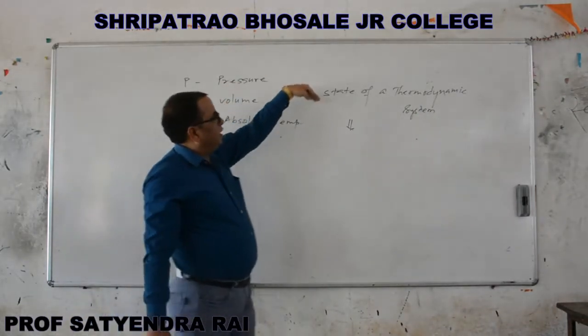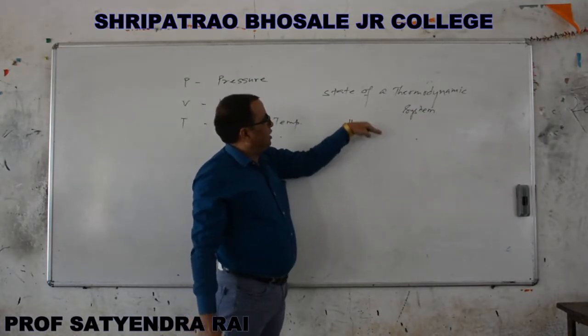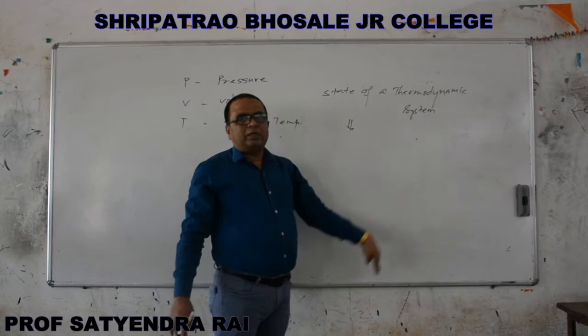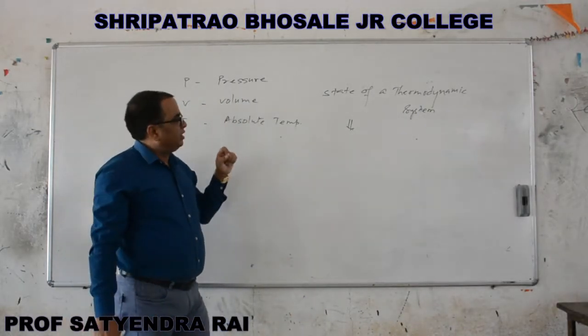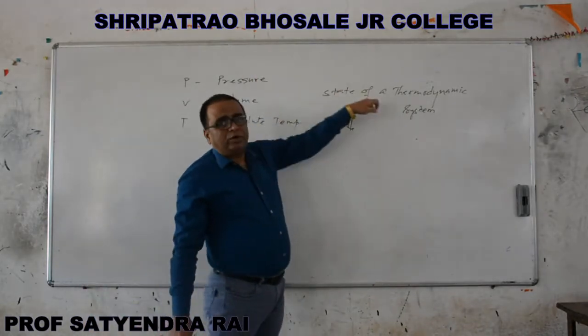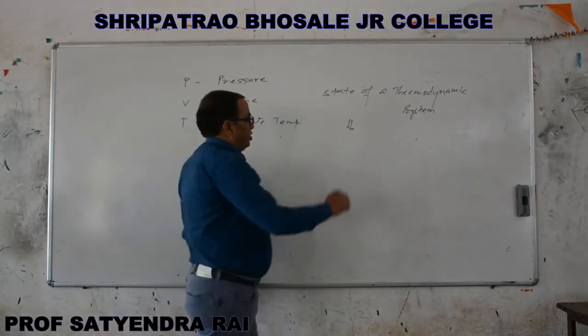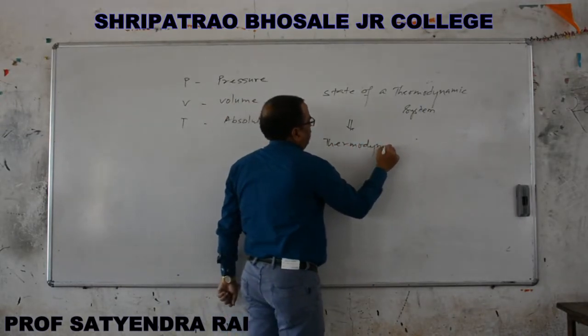That means when all three values, or two of them, in so many cases, are changed, we say there is a change in the state of the thermodynamic system. The operations in which the state of a thermodynamic system is changed are called a thermodynamic process.